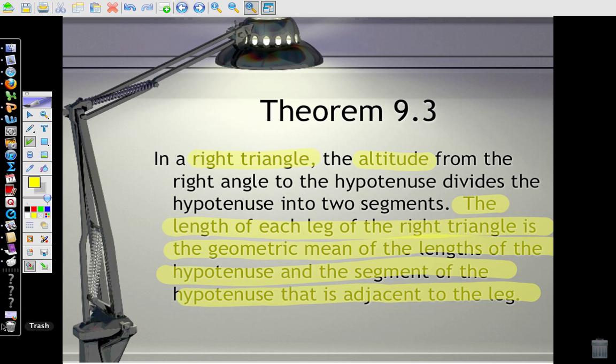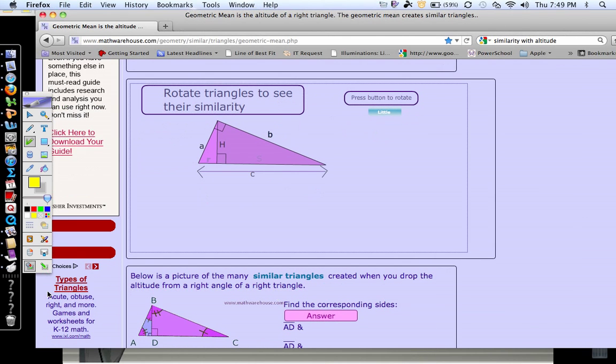So right now we're going to look at another diagram. So we have our similar triangle here, and we have the altitude drawn, labeled H. We have sides A, B, and C of a right triangle. So we're going to look at those similar triangles to make sure you understand that.